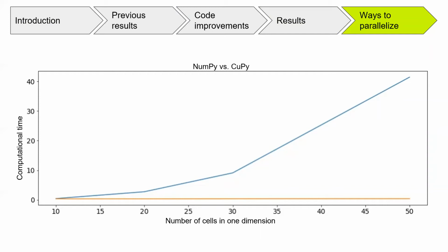You can see that in the beginning, when we took a matrix 10 by 10 by 10, the time was quite the same, but with increasing dimension, we see that CuPy shows quite a better result than NumPy.